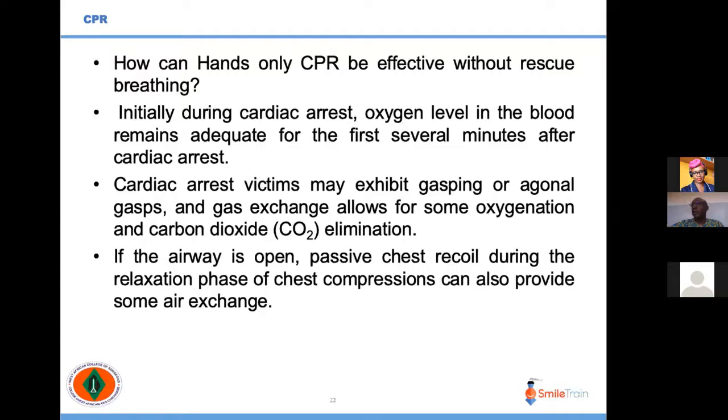We will talk about that later when we talk about the change from ABC to CAB. But this was just to highlight that even if you are not able to ventilate a patient, hands-only CPR is highly recommended by most of the resuscitation societies.